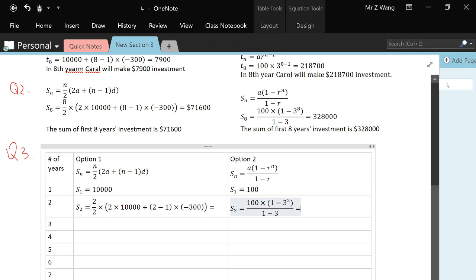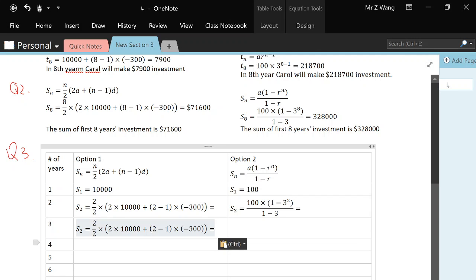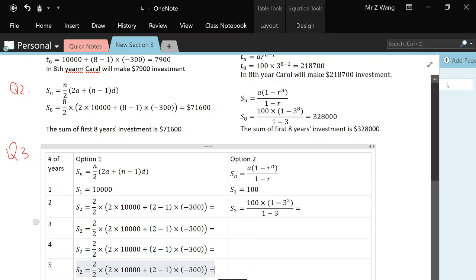Okay, you just go on to calculate these, and it just gets a little bit tedious here, and then you will see the difference, right? So I'm just changing the numbers.